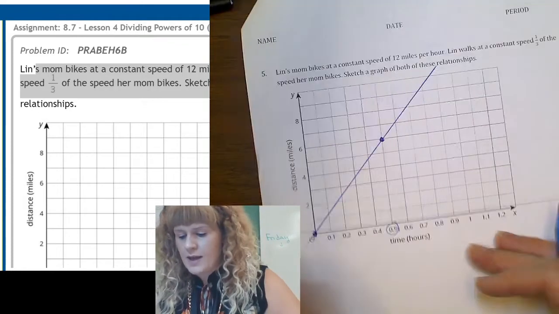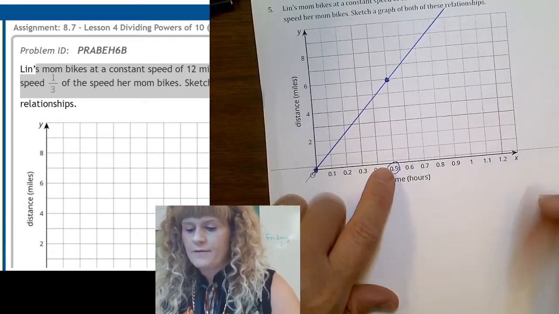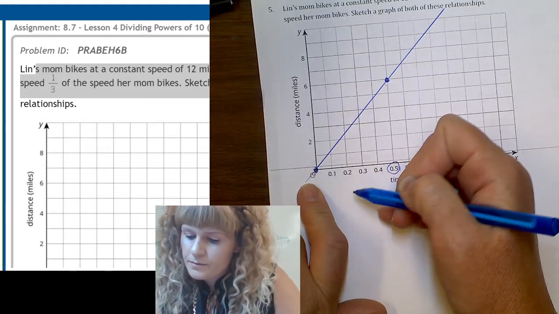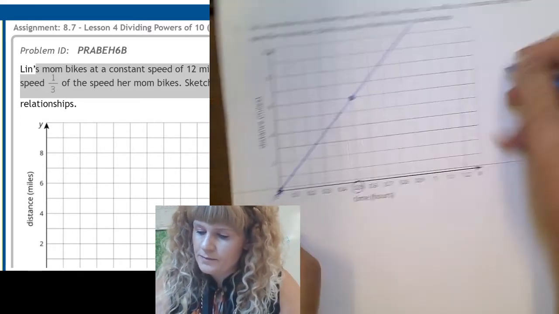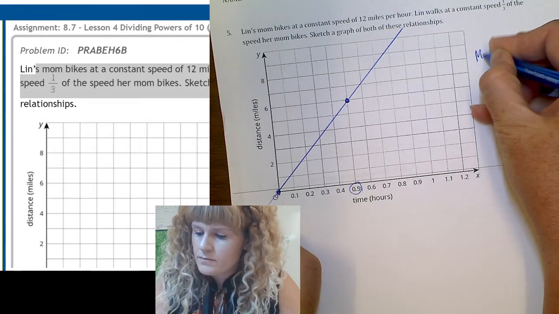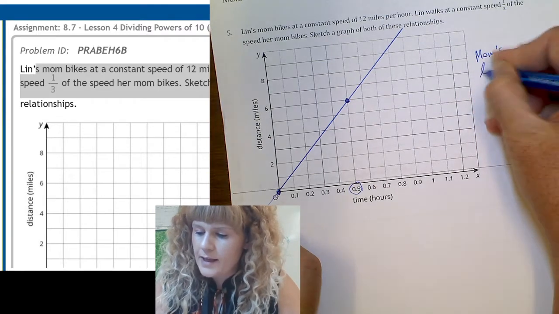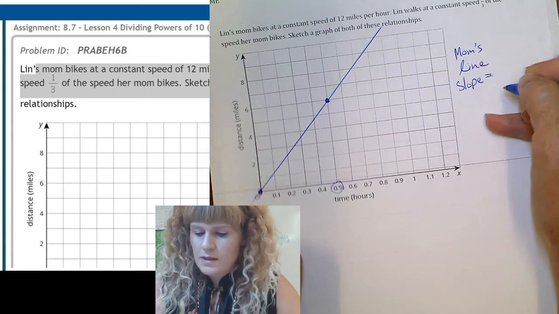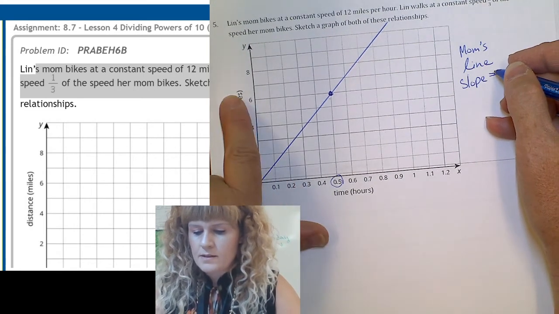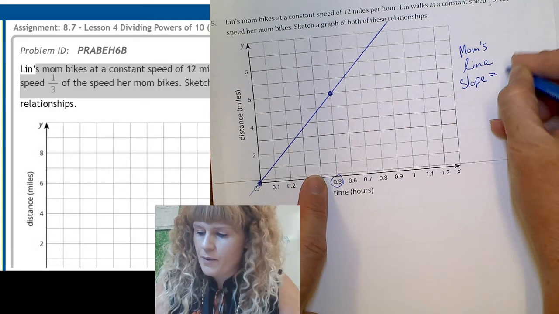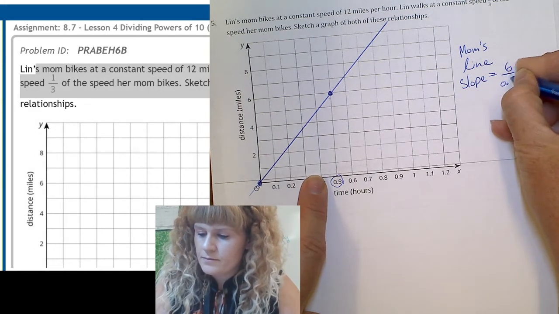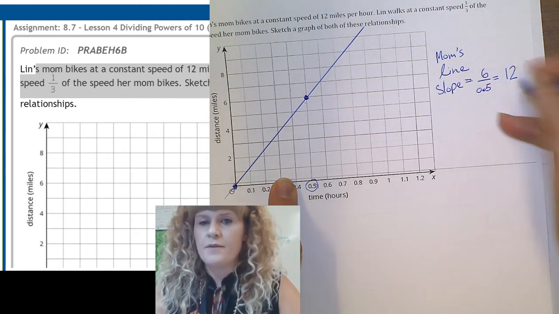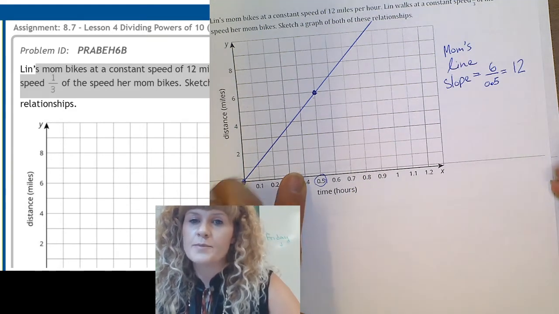This shows you that every half an hour, she goes 6 miles more. The slope of mom's line is 6 divided by 0.5. 6 divided by 0.5 is 12, and that makes sense because it's 12 miles per 1 hour.